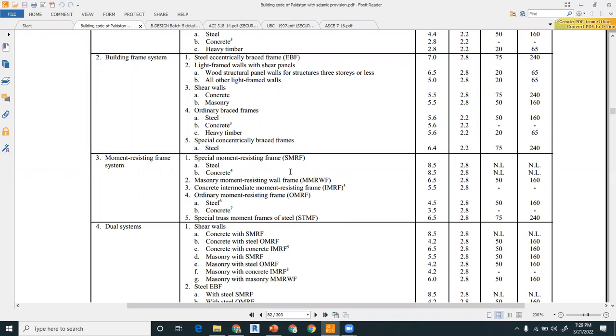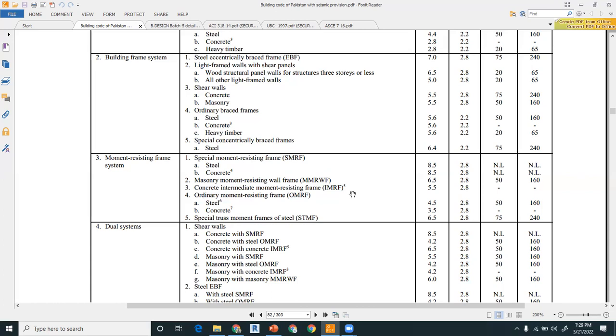And there are some other requirements. You can search the ACI code for what SMRF is and what its different requirements are, right? If you are using the R value 5.5, it means you are telling your software that your system is IMRF and you are not fulfilling all of those requirements, so you don't define it as SMRF. For example, there is no restriction on the stirrup spacing in the lapping.